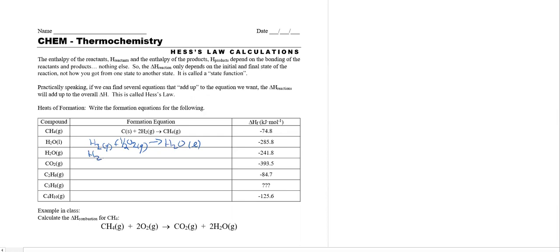This next one looks very similar to the one we just did because we're starting off from the same elements. We're making H2O, but this time we're making it as a gas instead of a liquid. For CO2, we have carbon as a solid plus O2 as a gas, going to CO2 as a gas. For C2H6, that's going to be 2 carbons as solids, plus 3 hydrogen molecules, going to C2H6.